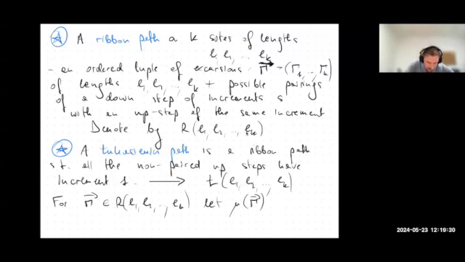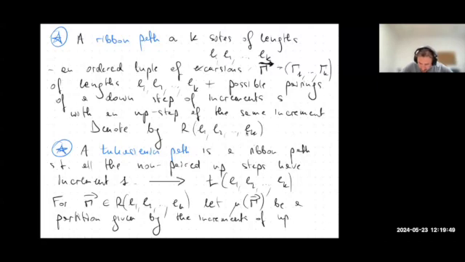Let mu of gamma be the partition given by the increments of unpaired down steps in gamma.